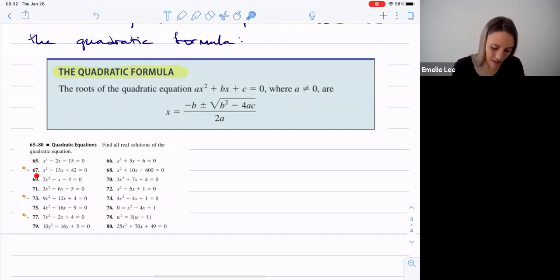with 67. Okay, so we're asked to find all real solutions of the quadratic equation. So what we want to do is find the x's that make this statement true, right? x squared minus 13x plus 42 equals 0. Notice that it has to be equal to 0. That's one of the conditions.